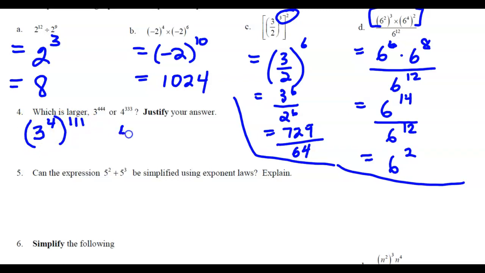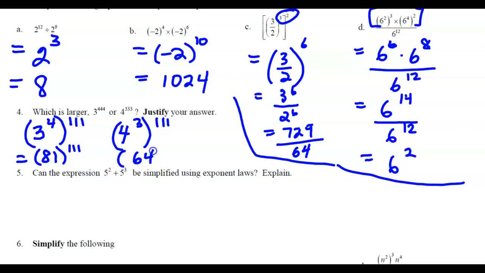We can show this as 4 to the exponent 3, raised to the exponent 111. So now the outside exponent is 111 for both. Inside, 3 to the 4th is 81, and 4 to the 3 is 64.